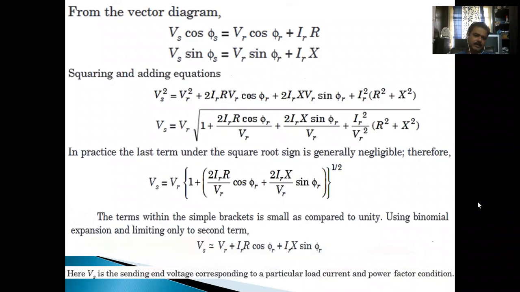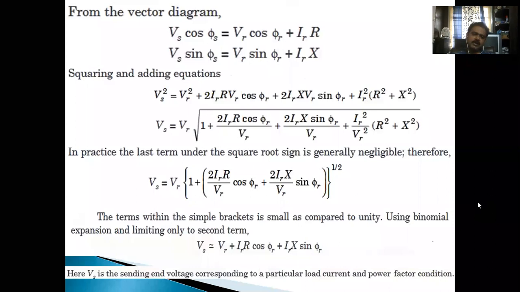Power factor conditions means it may be a unity power factor or a leading power factor. Here what we have assumed is lagging power factor. That's why we have obtained these values. We can also consider leading power factor and unity power factor. Then in those two cases, the equations may slightly change.